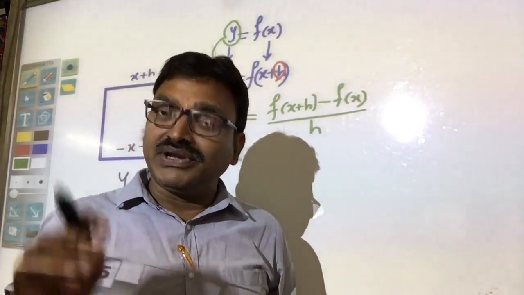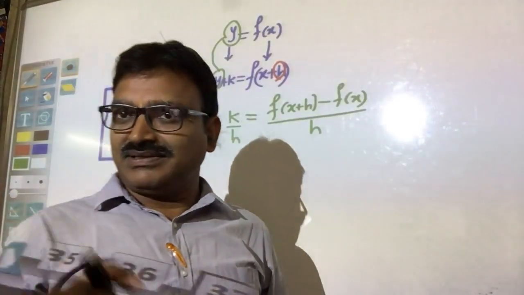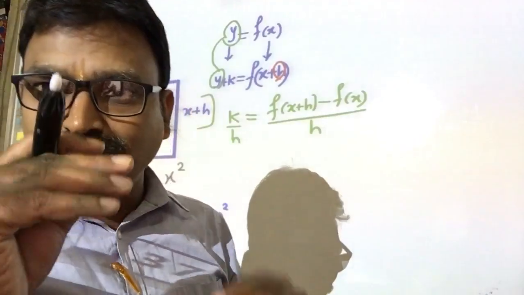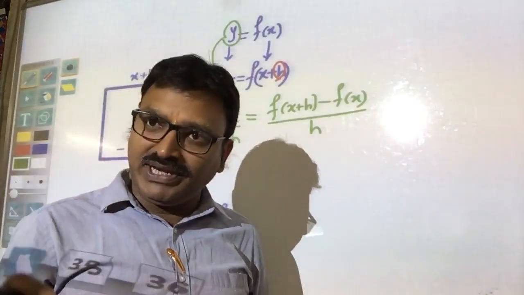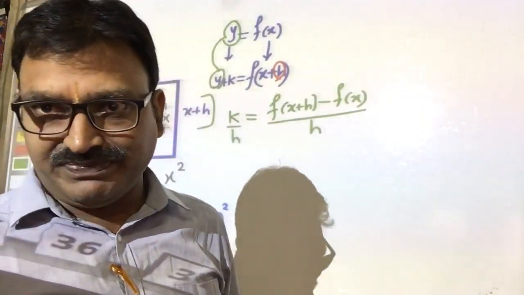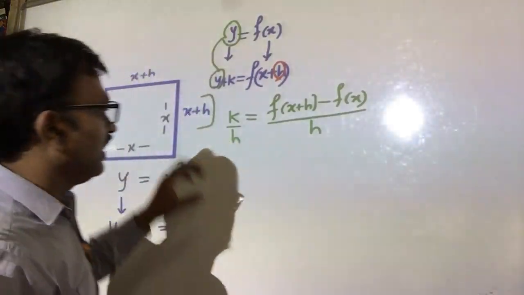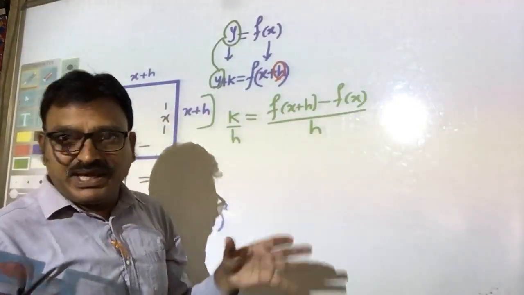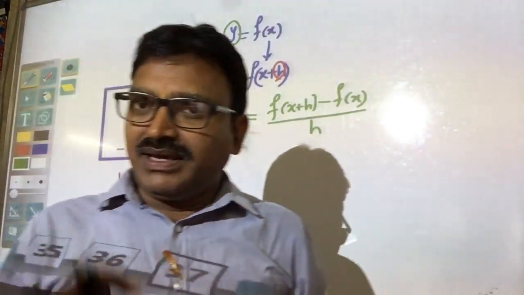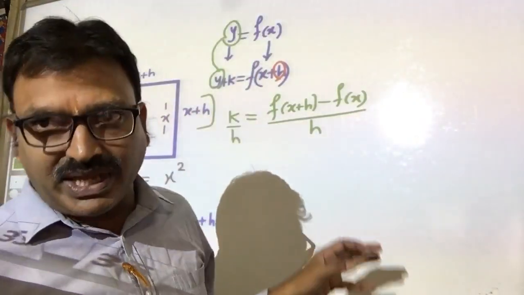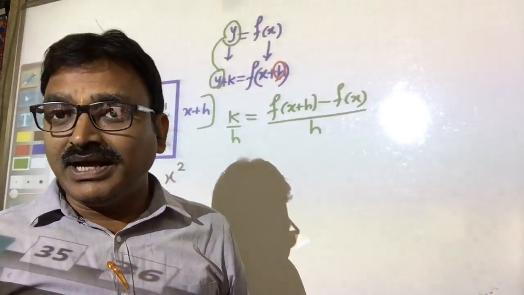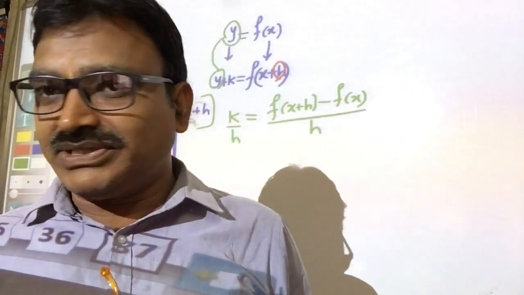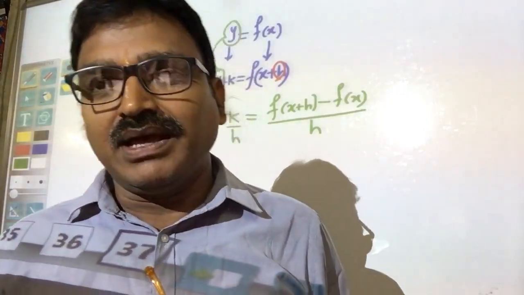Differentiation is the ratio of the difference of the dependent variable to the independent variable. But if we calculate this ratio at an instant, then this actual value will be called the differentiation of the function.